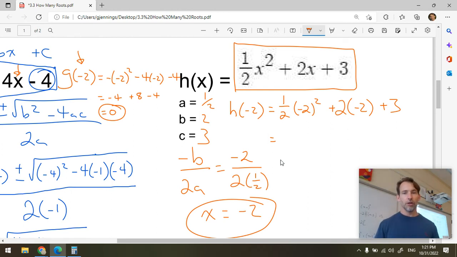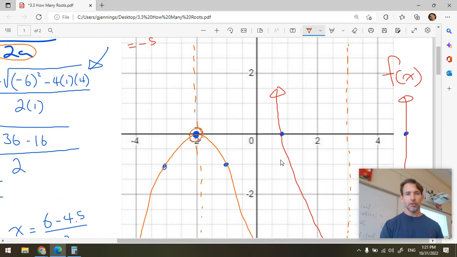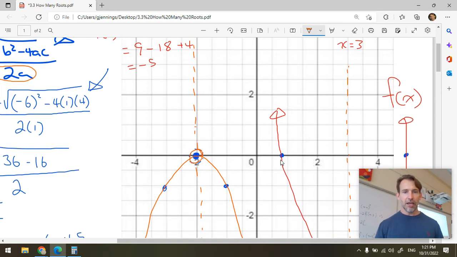That's going to be 4. So I have 1/2 times 4 plus 2 times minus 2. So that's going to be minus 4 plus 3. Okay, and so that's going to be equal to 1/2 times 4 is 2. 2 minus 4 plus 3 is equal to 1. So the y value of this vertex is 1. So let's put that in there. Here is h of x's vertex.